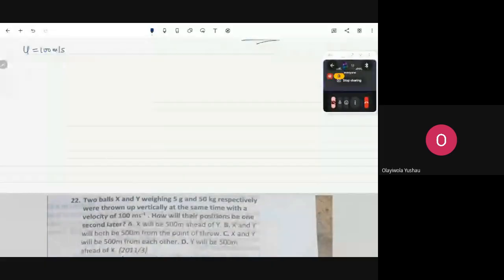How will the position be 1 second later? So the time is 1 second, and it's thrown up. So it's upward motion.